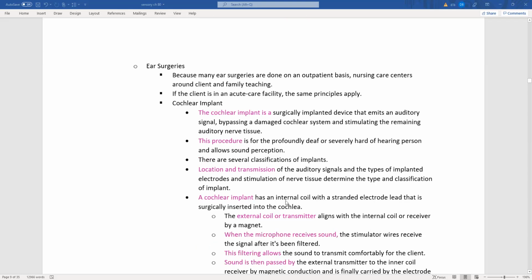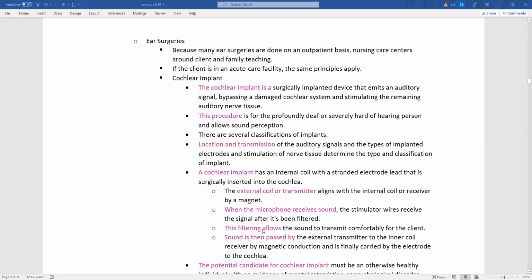A cochlear implant has an internal coil with a stranded electrode lead that is surgically inserted into the cochlea. The external coil or transmitter aligns with the internal coil or receiver by a magnet.